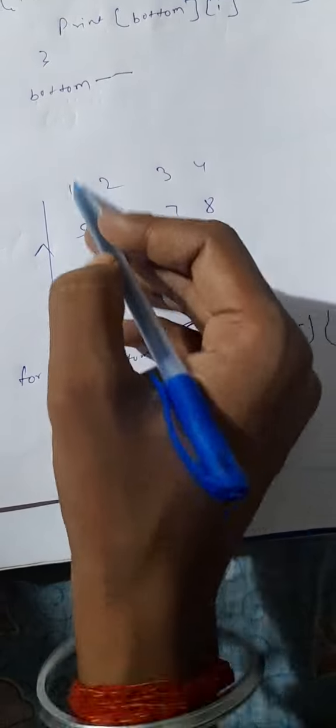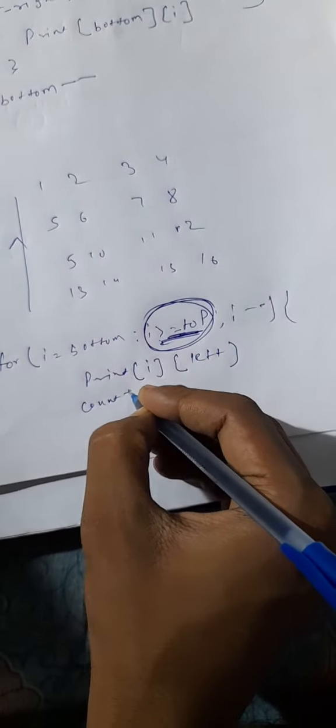Print: what we have to print, the column remains the same, only the value of the row changes, i, and this is the left pillar, left. Track the count variable, count plus plus, and then what we have to do, left plus plus.